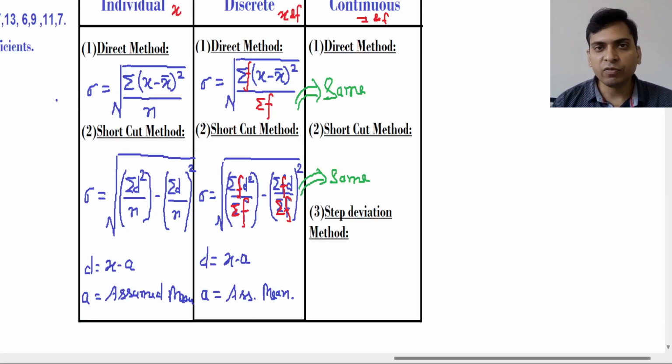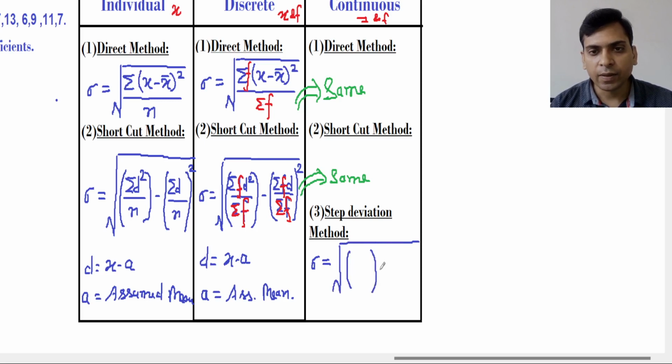So we will write the same formula: sigma equals under root of two parts, square of the second divided by summation f. This is also summation f. This is summation fd, this is fd square, and this is summation f into d.